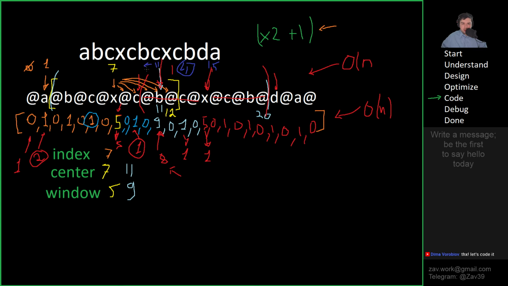We want to go to the left for 4 elements to find the 7, right? 11 minus 4 is 7. So we can do it this way. 15 minus 11 gives us 4. 11 minus 4 gives us 7. So generally speaking, we have 11 multiplied by 2 minus 15, because we used it twice.